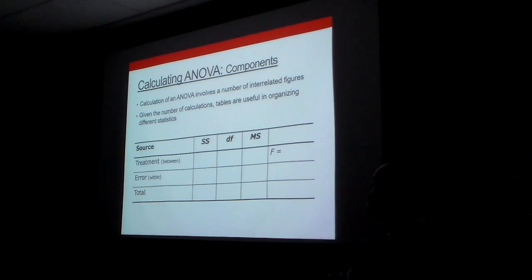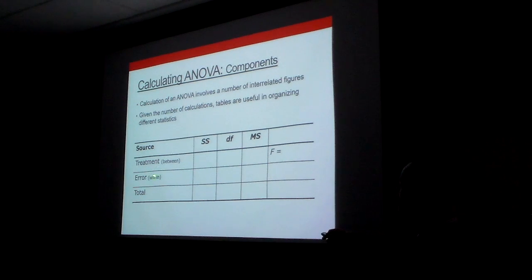So in terms of the basics, calculation of our ANOVA, unlike our t-test, is just one test statistic. Because we're working with a number of different cells, or groups, in an ANOVA design, we generally see ANOVA analyses organized into a table that looks something like this.